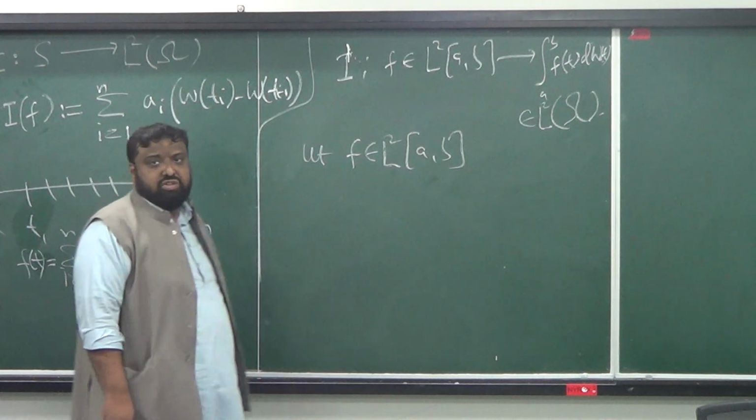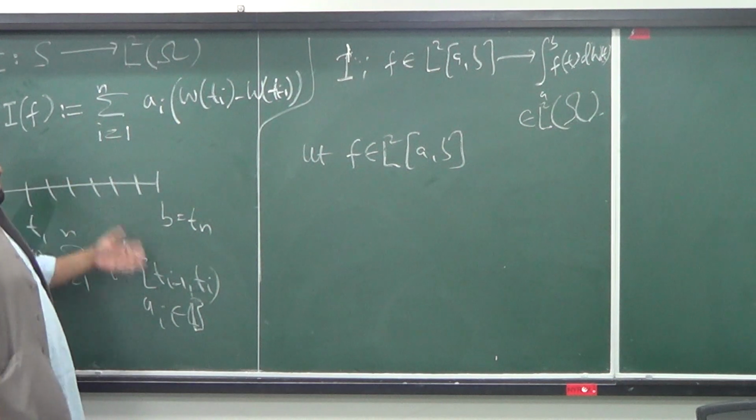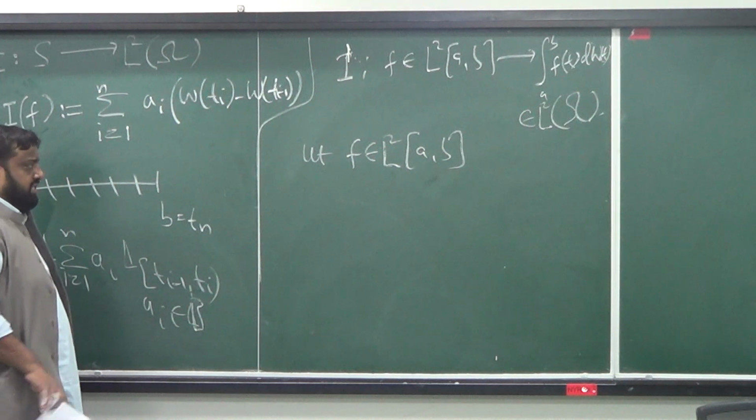So we are first trying to do what? We are trying to define the Wiener integral, or the stochastic integral, for deterministic functions.